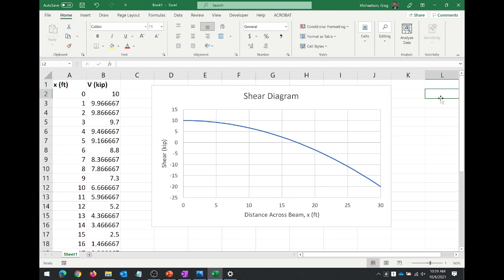How'd you change range? Where'd you go for that? So you right-click the axis. Actually, click the axis, like right here, right there. No, dang-nabbit. There you go. You can click anywhere on the axis. Right-click, format axis.